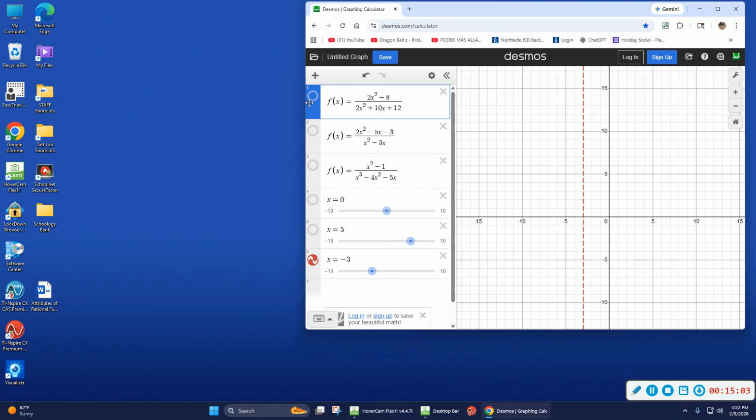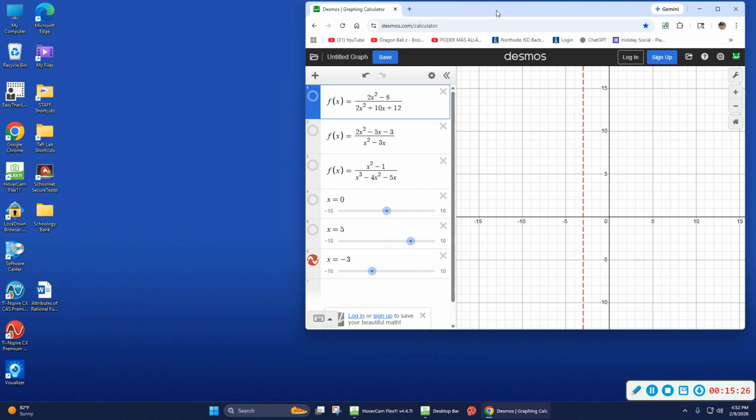This is where the hole exists. And then all the other points will help me, whether it's pointing up, is it pointing down, it'll help me see that better, right? That's the whole point of plotting values in here, is that when I plug it into my new equation, I'm able to graph a few points, and I can see, is this going this way? Is it going this way? What direction is it going?